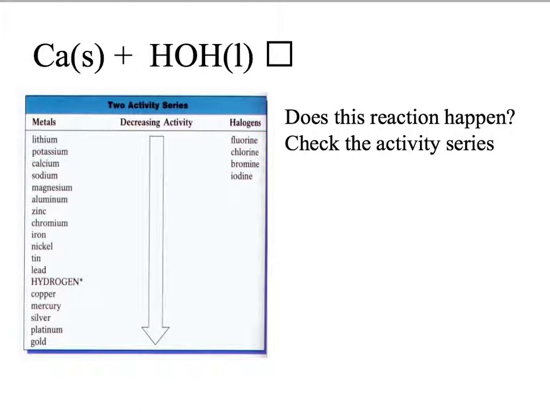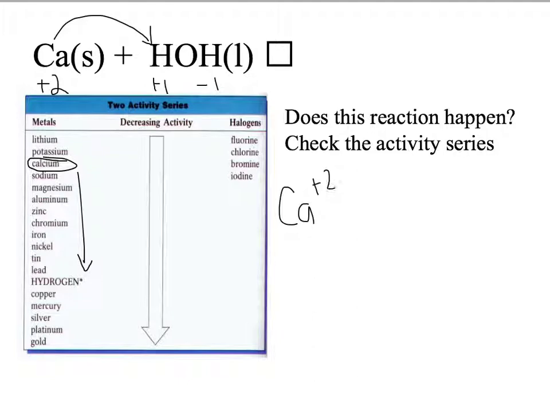Calcium plus HOH. Here's calcium on the activity series, way higher than hydrogen. So calcium's going to replace hydrogen. So let's think about the charges. Calcium's +2. Hydrogen is +1, hydroxide's -1. So calcium is going to end up with hydroxide. I like to think of hydroxide in parentheses.